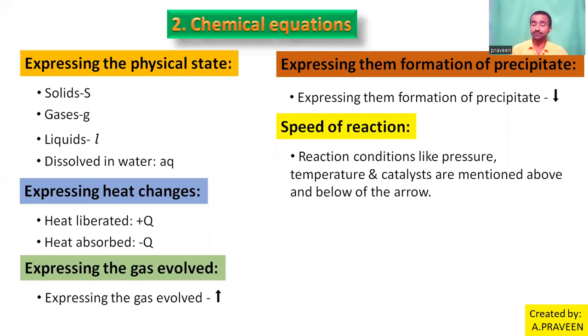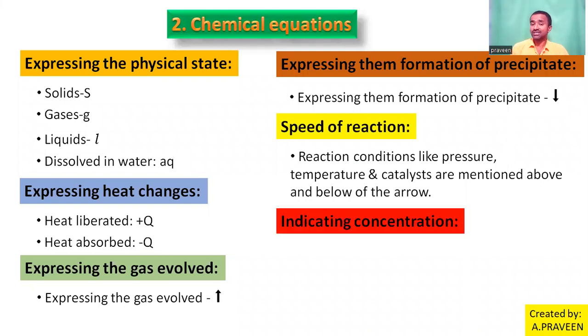The next, indicating the concentration, the strength of the liquid, acid maybe. If it is concentrated, the strength is stronger, then we can represent it as CONC, short form for concentrated.